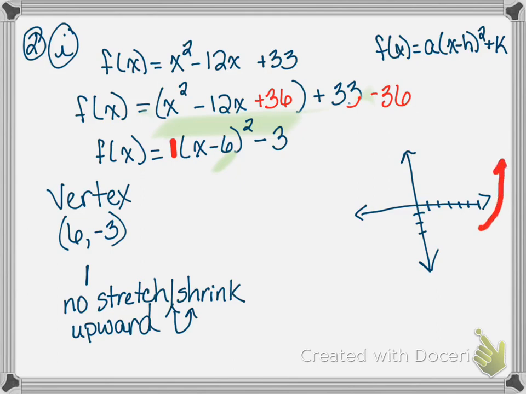Now, if you remember on your quiz, you were also asked to identify where it crosses the x-axis. So that is something that you would want to be able to identify.